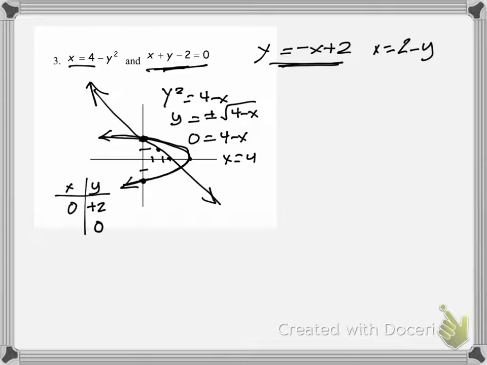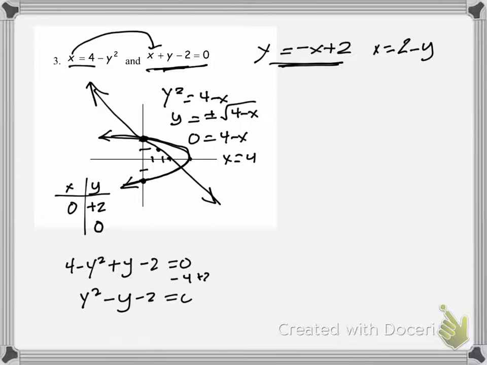I would substitute x into that one, I guess. So that would be 4 minus y squared plus y minus 2 equals 0. So y squared minus y minus 4 plus 2, minus 2 equals 0.